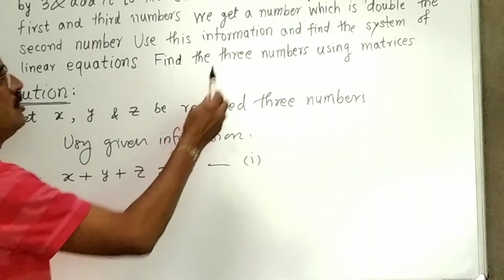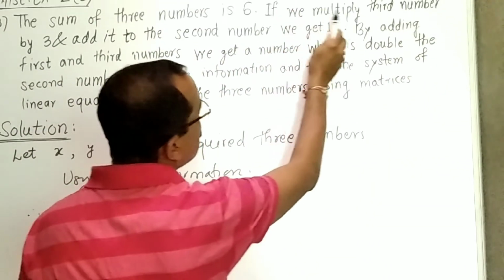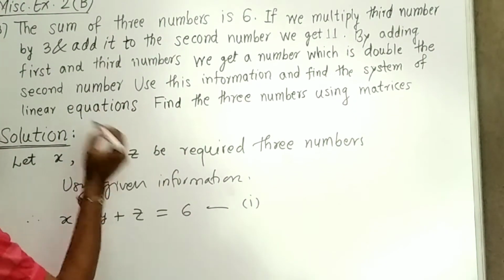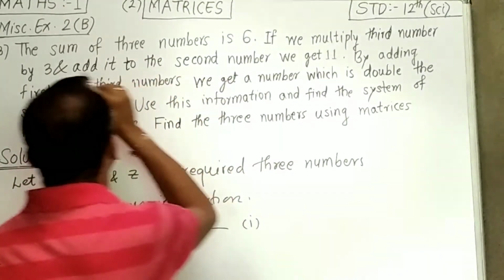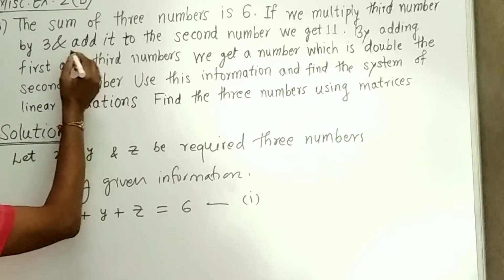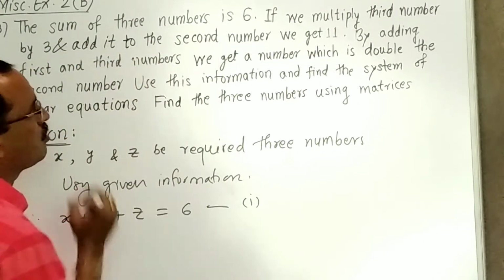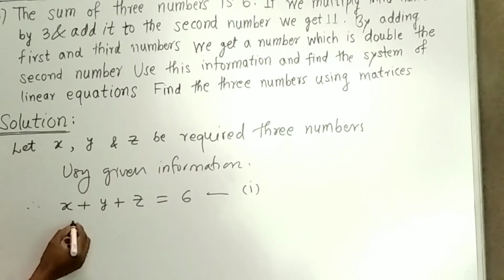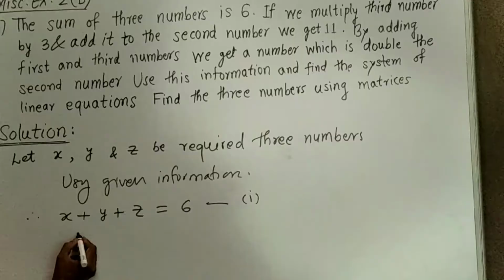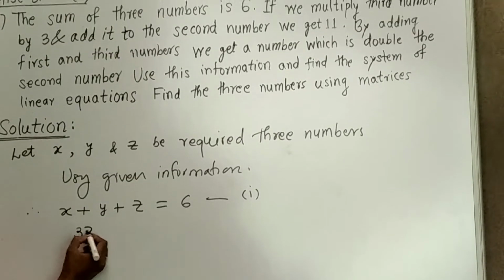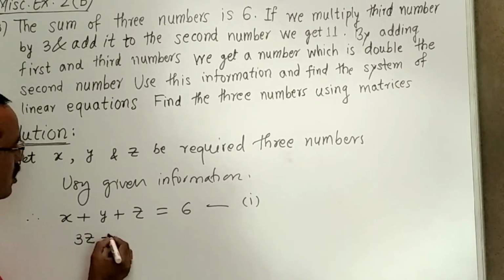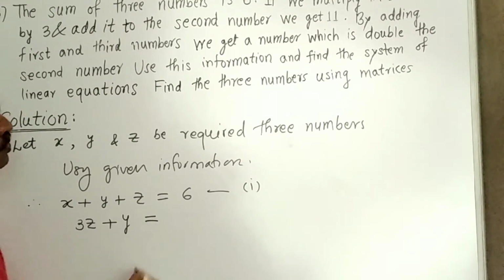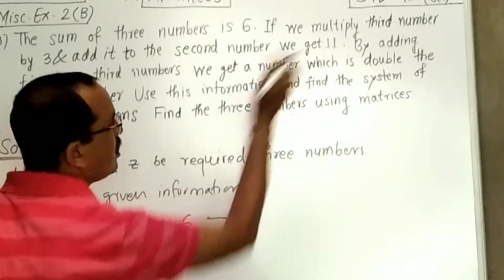Now with the second condition, if we multiply the third number by 3, the third number is z, so we get 3z, and add it to the second number, that means y, we get 11.